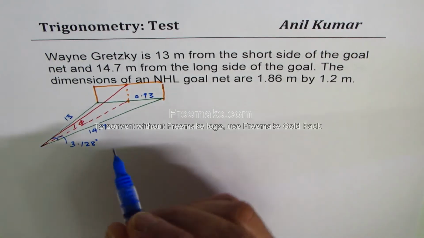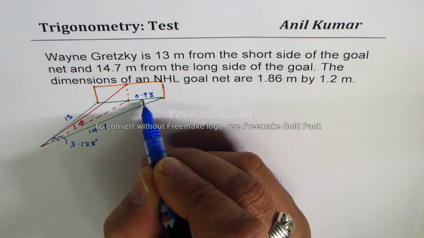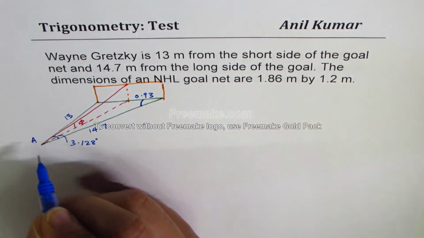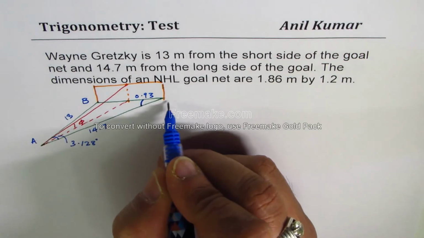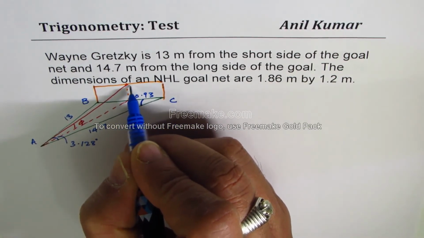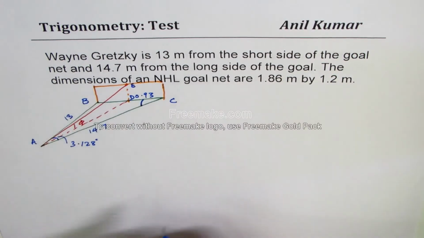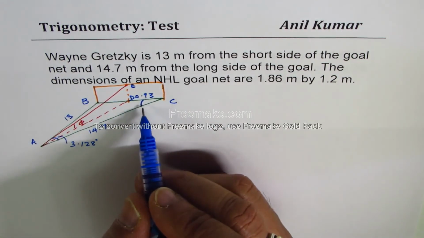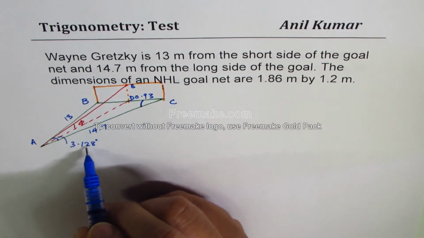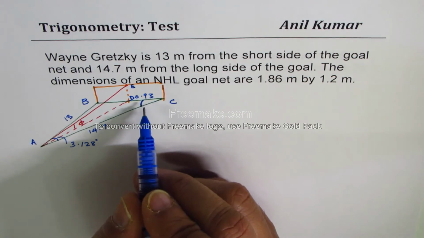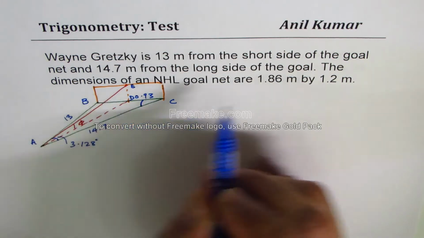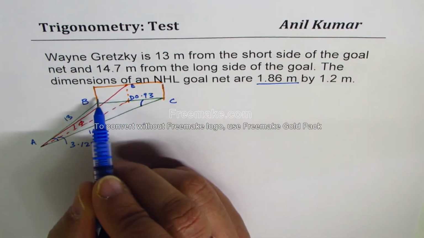Now in this situation, let us first find that angle, right? So let me label this as we did earlier. A, B, this is C for us, this is D, and let's call this point E, okay. To find angle C, we can use sine law. We know one of these angles and the opposite side, which is 1.86, right? Total length is 1.86, which is here, right?